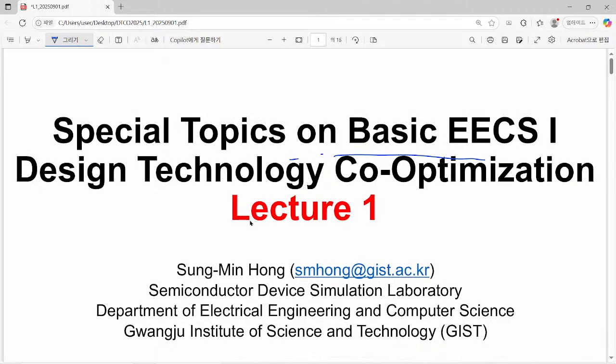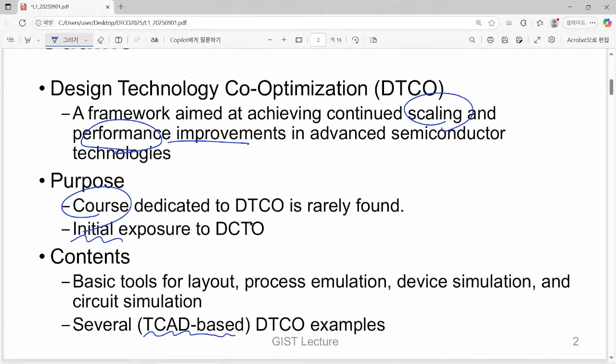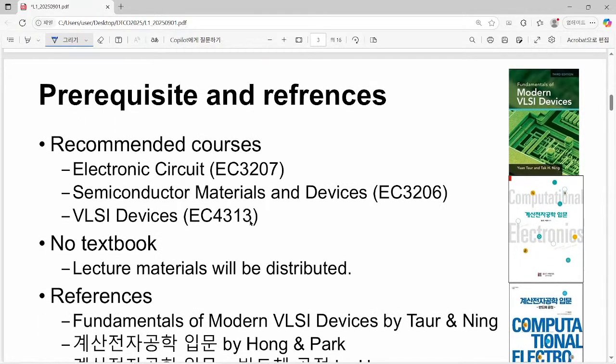So if you have not previously attended the courses shown here, then I seriously recommend you reconsider enrolling in this course. This course is not for junior students, not for beginners. I will directly dive into the details of DTCO. So if you are not ready, then please leave this classroom. This is my final warning on this course.